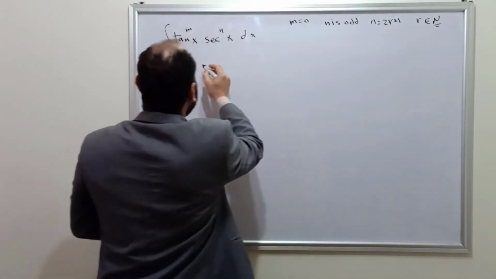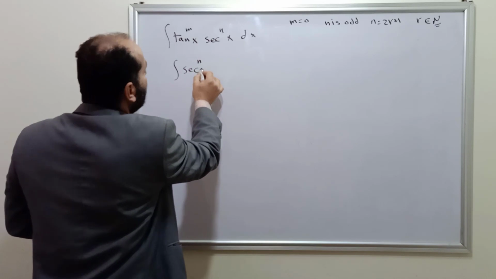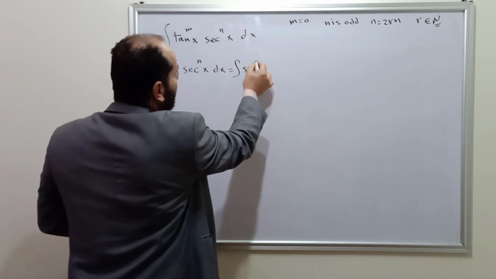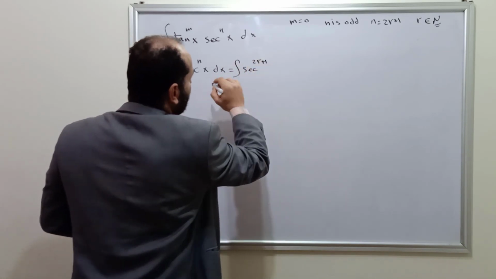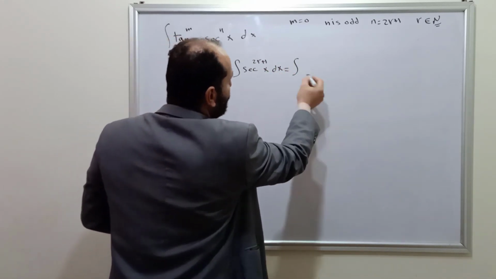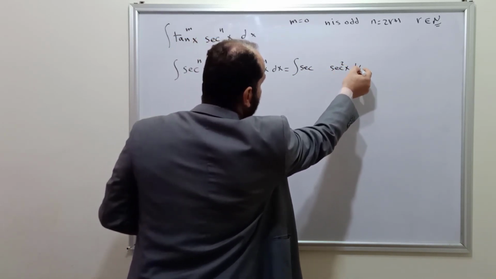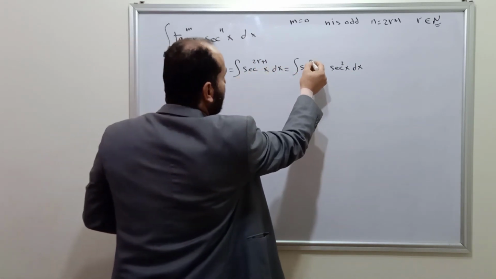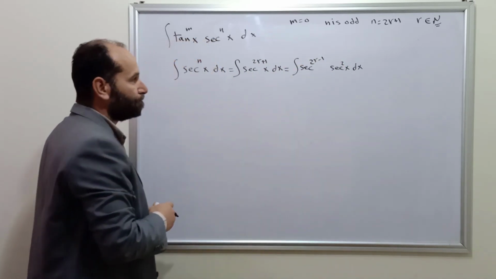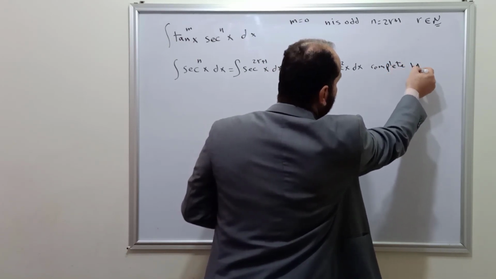So we take the integral of sec^n x dx, which equals the integral of sec^(2r+1) x dx. We take sec squared x dx, and the remaining power is 2r plus 1 minus 2, which equals 2r minus 1, and complete by parts.